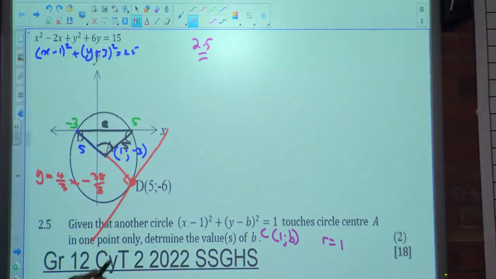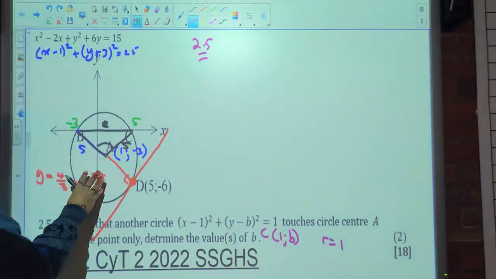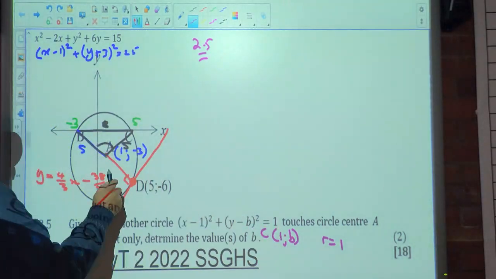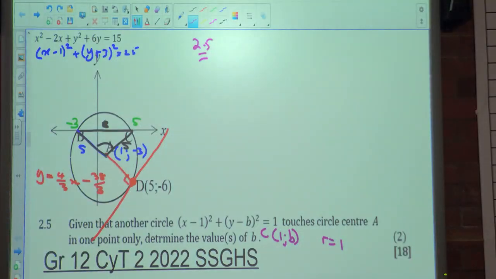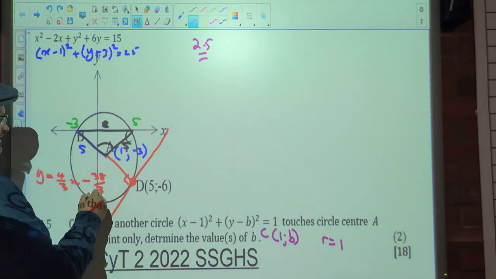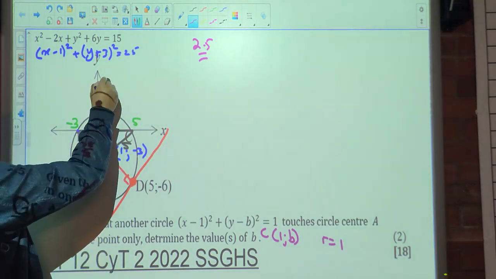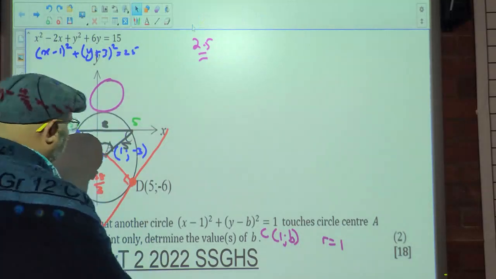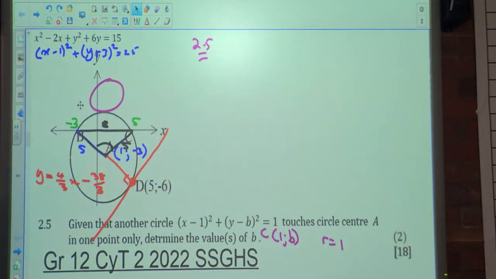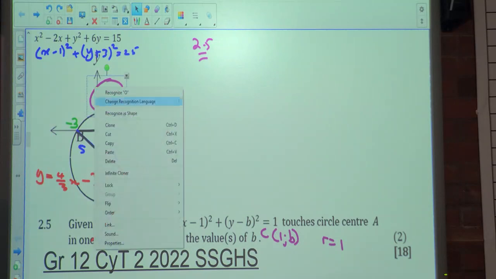So if you do the comparison and see here and here, what do we notice? The centers have the same x value. Which means that the circle they are referring to is probably the small circle, with a radius of 1.